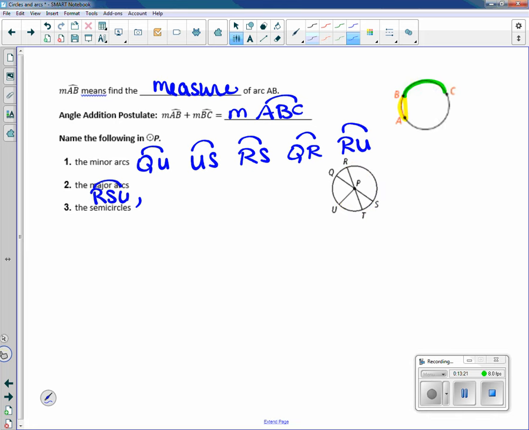QU to T. Would that give me more than 180? No. QUS. Would that give me more than 180? No, it's exactly. How about QUR? Let's look at that. QU to R. Yeah.